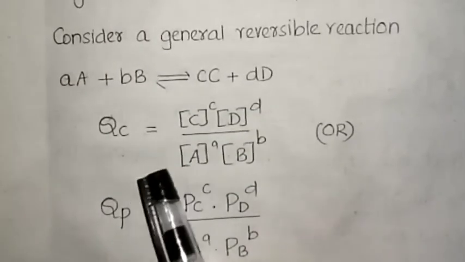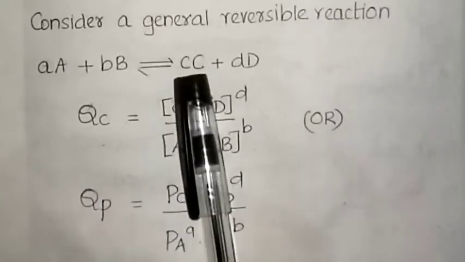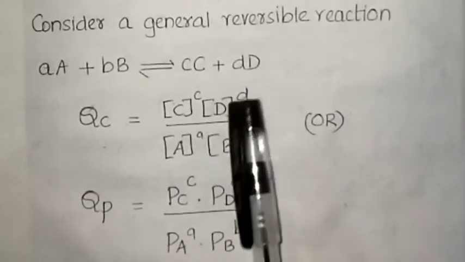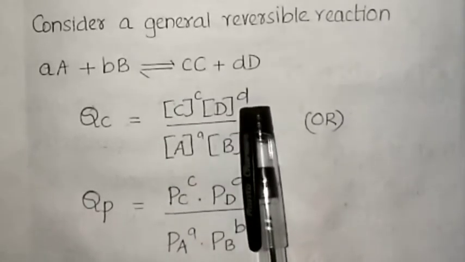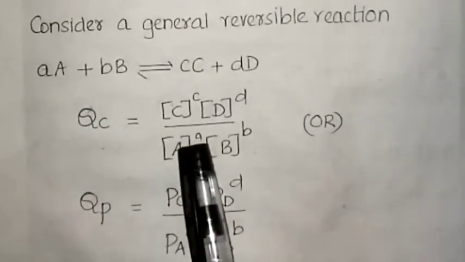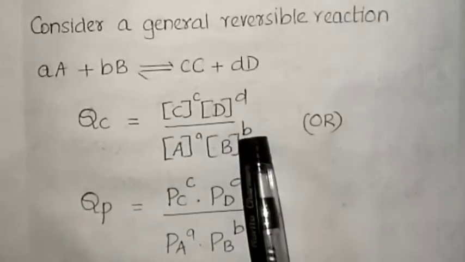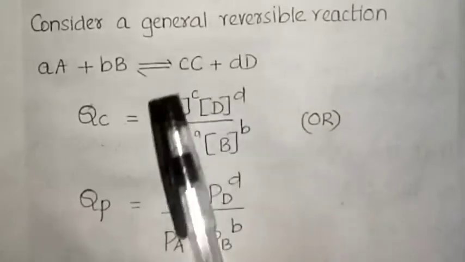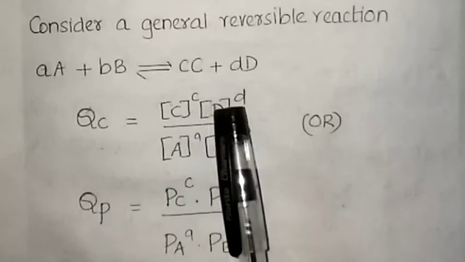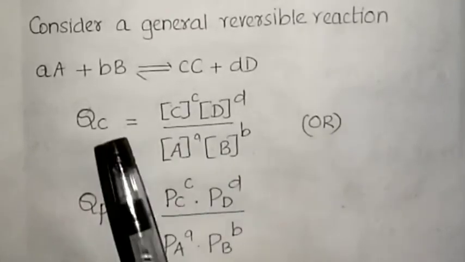Here we can write reaction quotient Qc is equal to concentration of C to the power stoichiometric coefficient c into concentration of D to the power d, divided by concentration of A to the power a into concentration of B to the power b. If this value is a constant, then we know the system is in equilibrium.